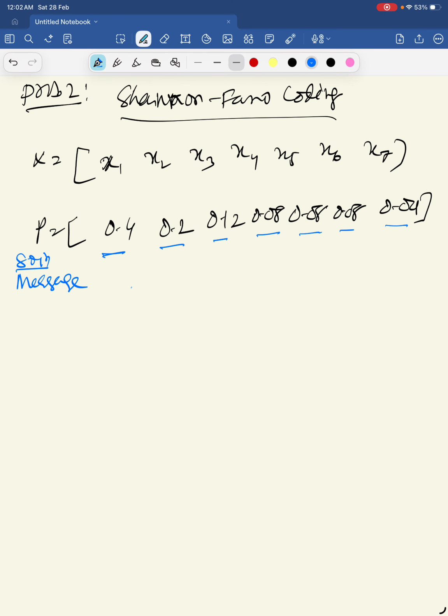I am going for the solution. Message, then probability p(i), then encoded message, last is code length l(i). Now message is x1 through x7.